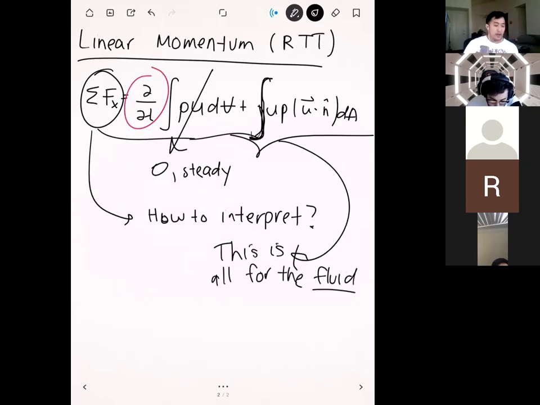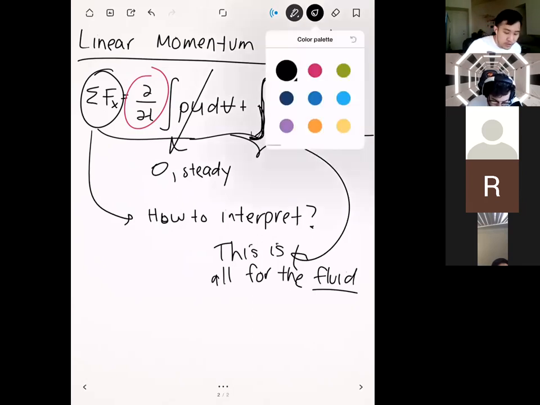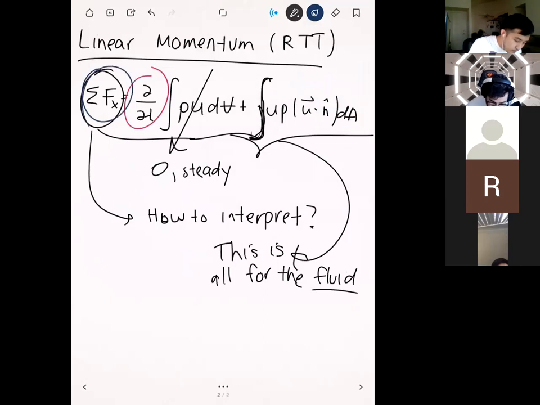The forces that you compute through this expression on the left mean that this force is actually a force being applied on the fluid itself.